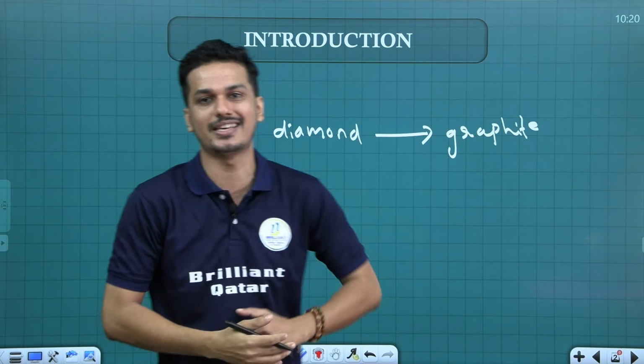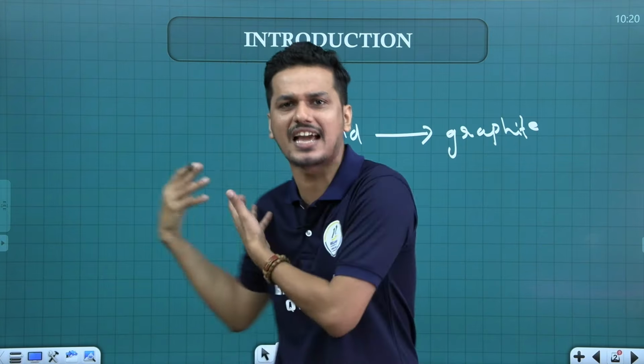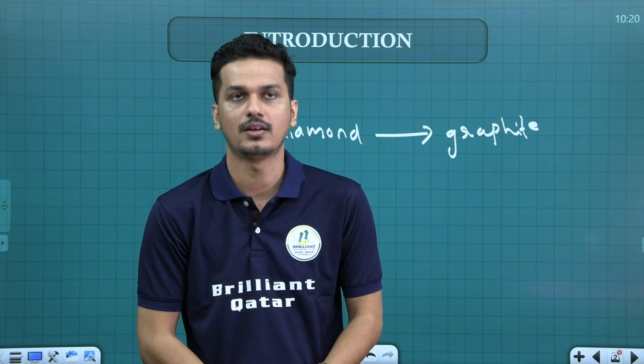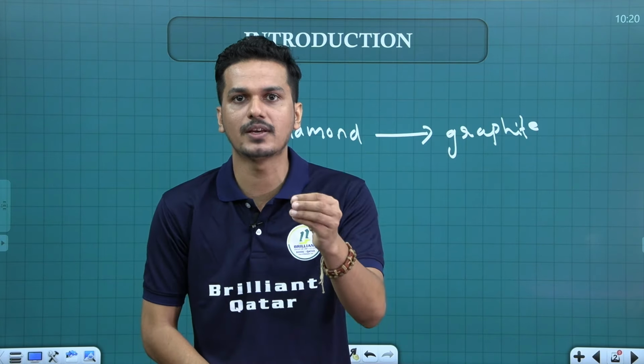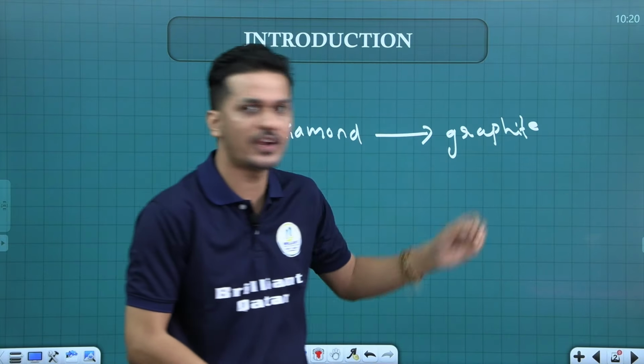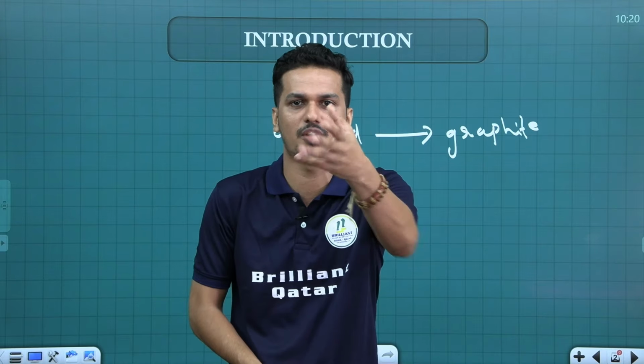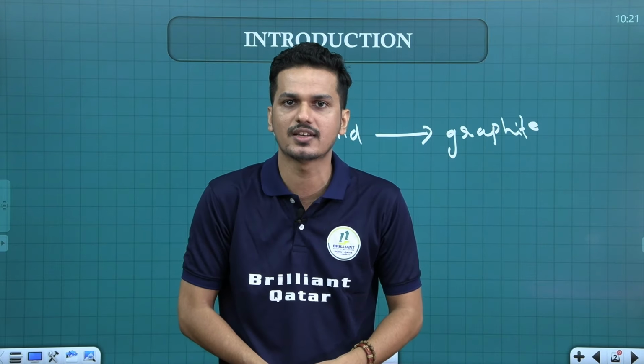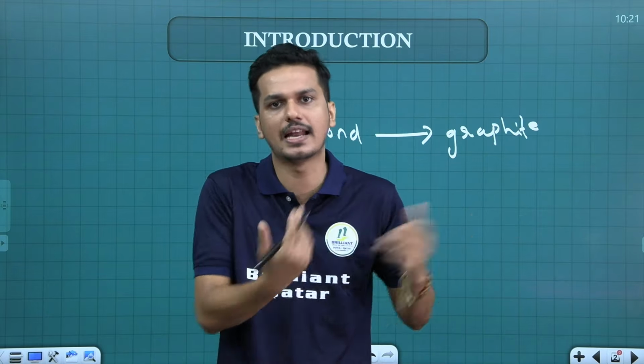That means its delta G is negative. Delta G negative means that the reaction is spontaneous. Sir, if we keep diamond, will it convert into graphite? Our pencil lead and all are graphite. Yes, delta G is negative.